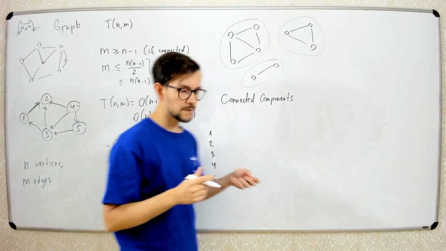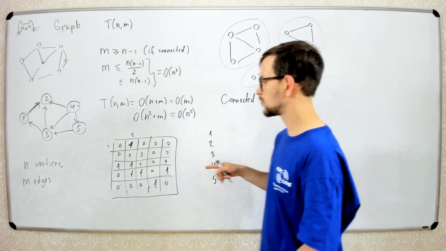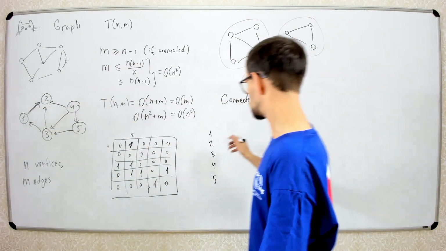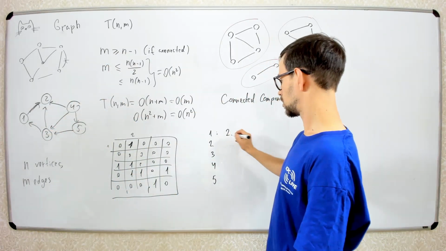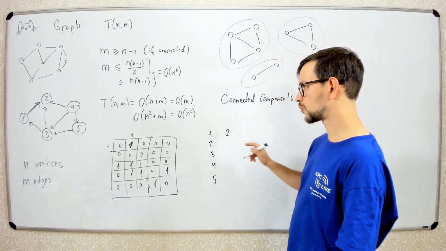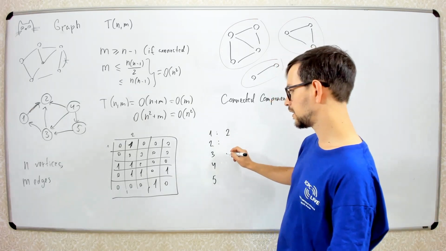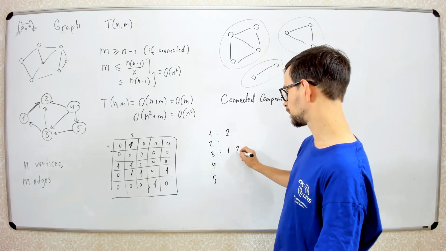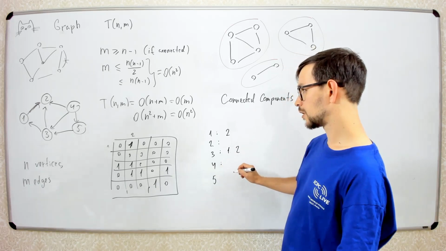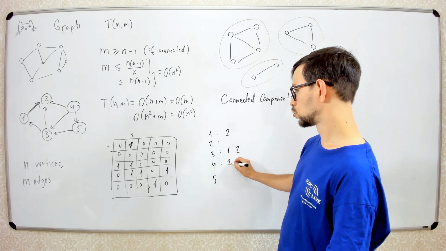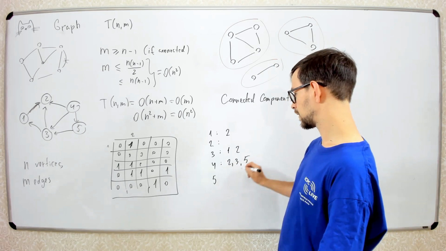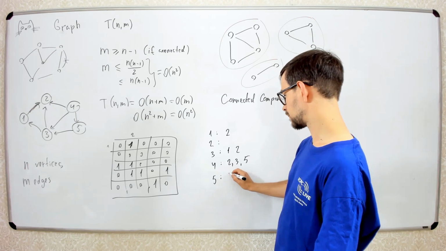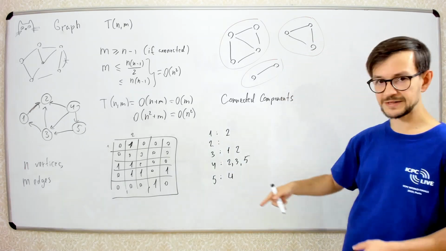For example, from node 1 we have an edge to vertex 2. From 2 we have nothing. From 3 we have 1 and 2. From 4 we have 2, 3, and 5, and from 5 we have 4. So we have these lists.